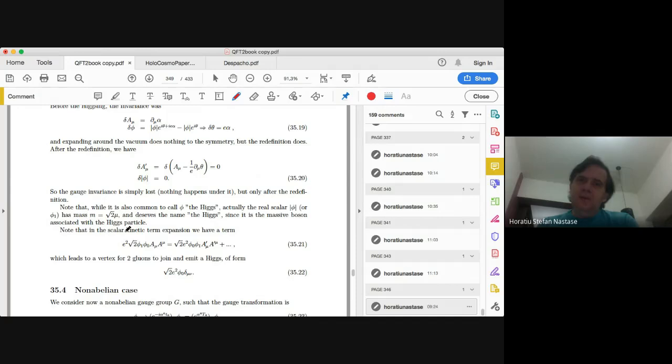But the Goldstone boson, we don't observe because the Goldstone boson is eaten by the vector field, right? So that's not something we observe. So it's an important distinction to note.